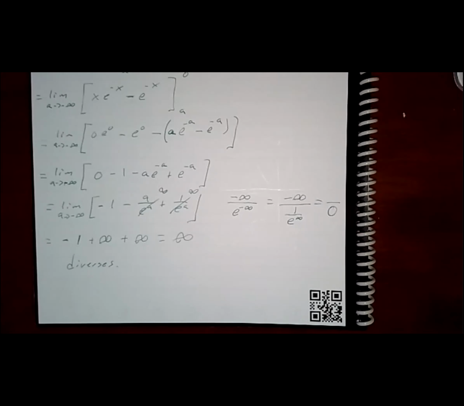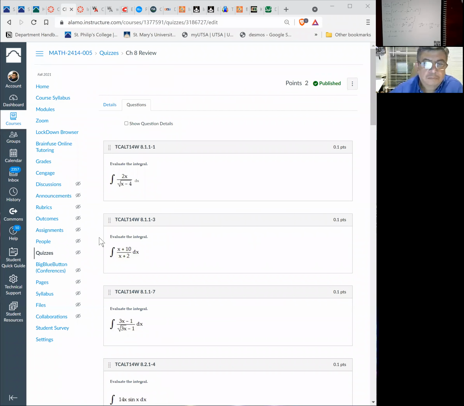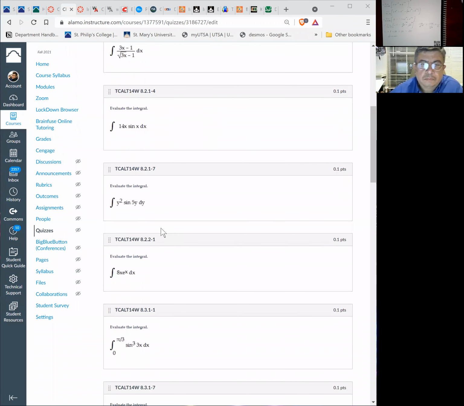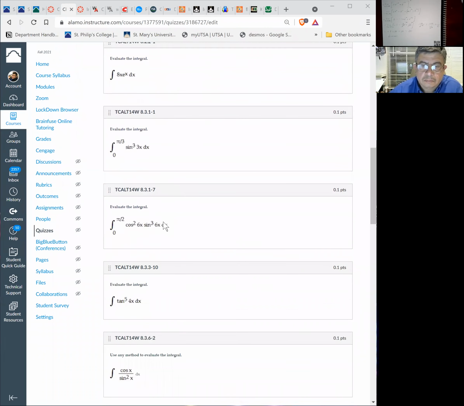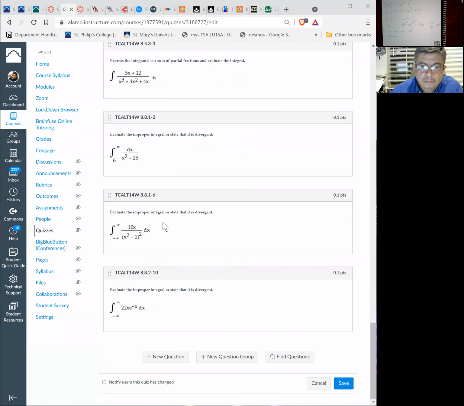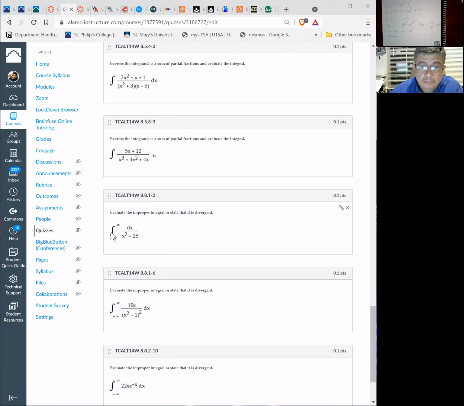Okay, so review, where is it? Here's the review for chapter 8. So the exam should look very similar. The entire thing is integrate, integrate, integrate, integrate. At the very end, they have integrals with improper pieces.